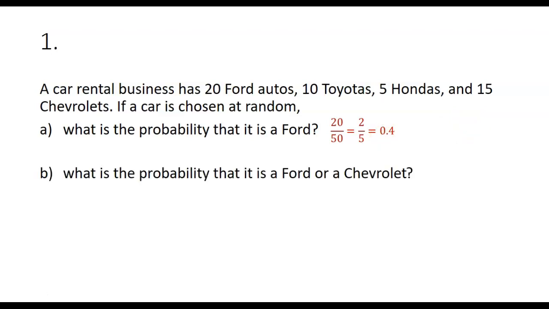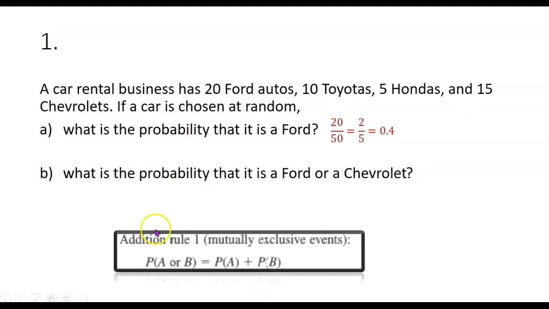B, what is the probability that it is a Ford or a Chevrolet? Notice this is an or question, and these are mutually exclusive. The car that you pick could be a Ford, could be a Chevrolet, but it can't be both of those at the same time. So to answer an or question, we would just add together the separate probabilities.